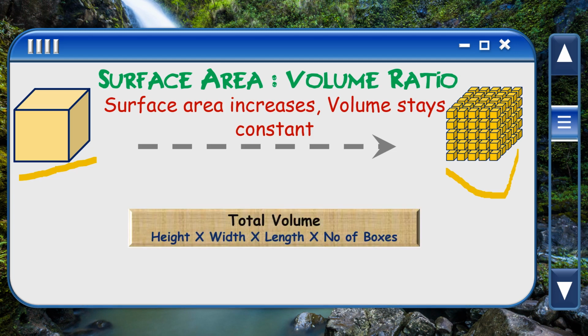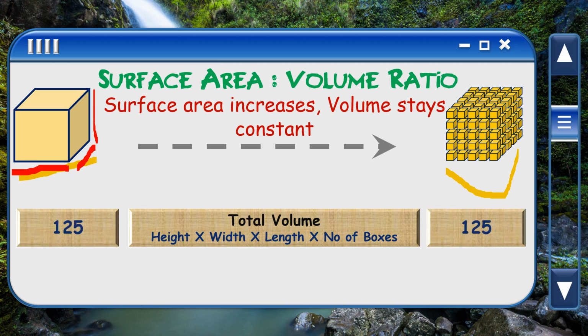When we look at the total volume, we say it is the height times the width times the length. From here up to here is your height, from here up to here is your width, and from here to here is your length. When we multiply those, they give us the total volume.